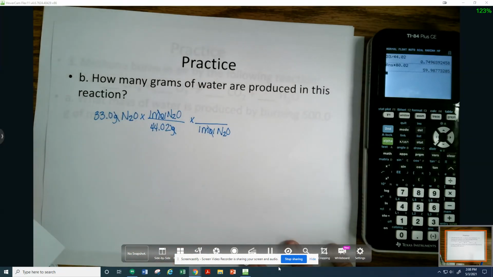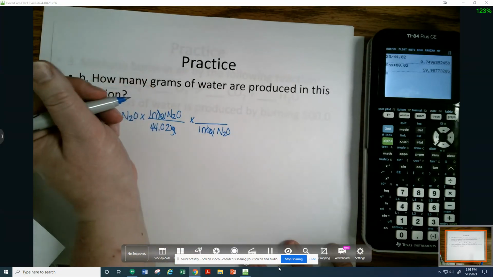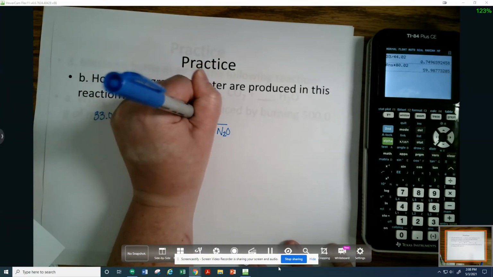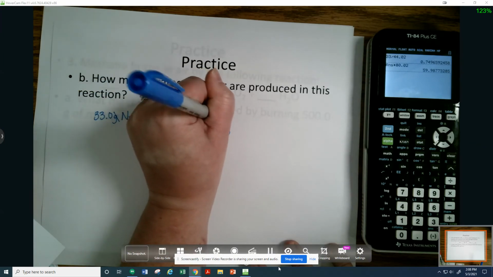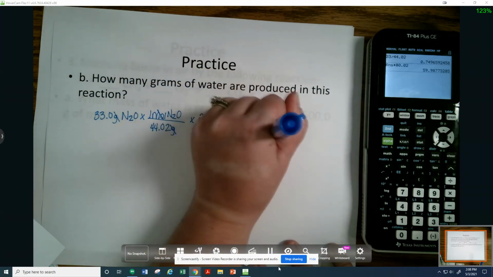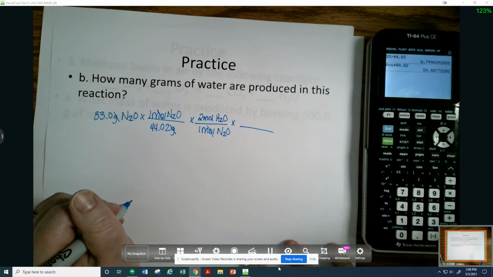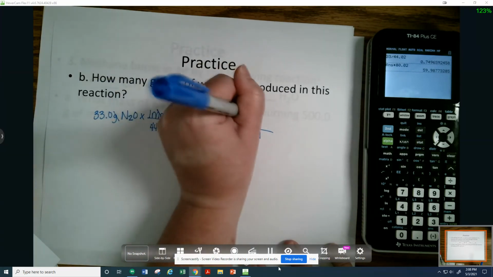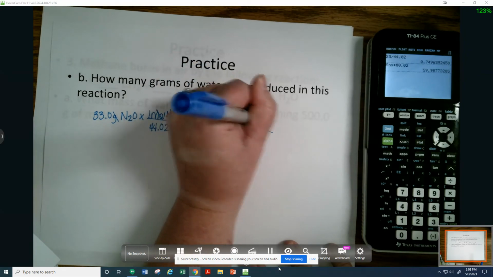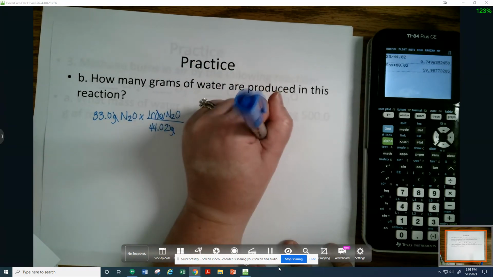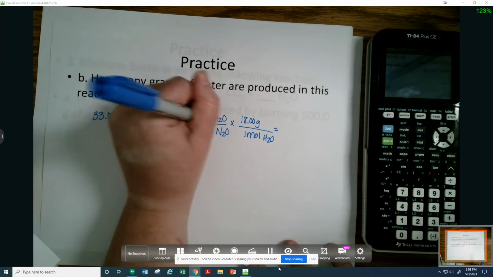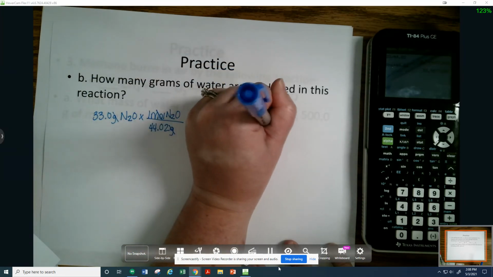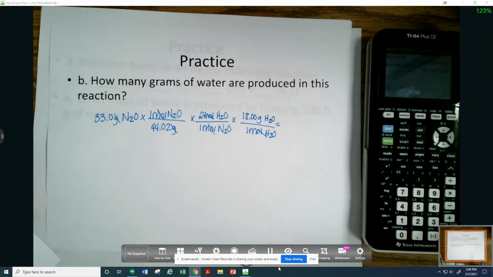So that means to get to water, though, it's a 1 to 2 ratio with 2 moles of water being the numerator. We have found the molar mass of water quite a bit, especially with the last unit. So 1 mole is the denominator, and the 18 grams is my numerator there. And that's going to get me to grams of water.